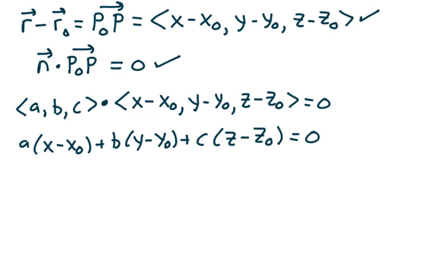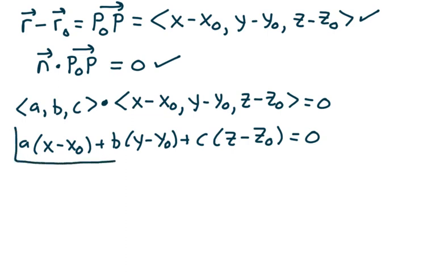So the vector ABC dotted with the vector x minus x naught, y minus y naught, z minus z naught is 0. And from the definition of the dot product, that tells me A times x minus x naught plus B times y minus y naught plus C times z minus z naught is equal to 0.